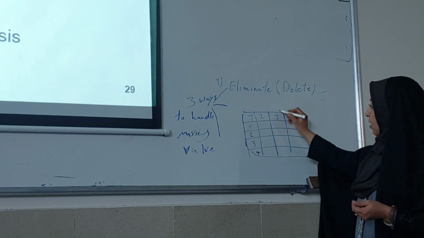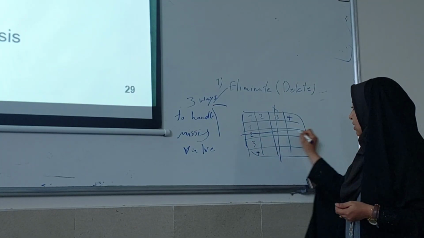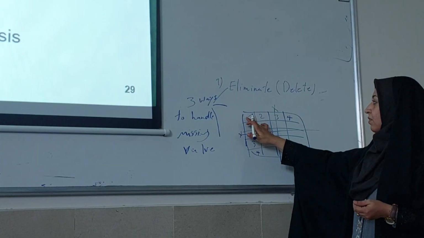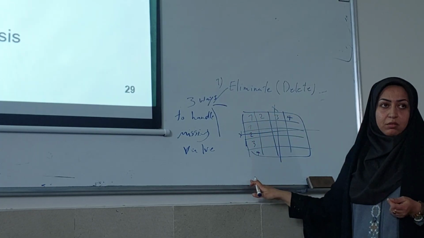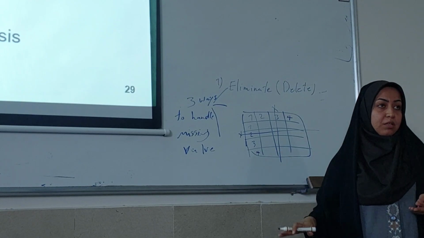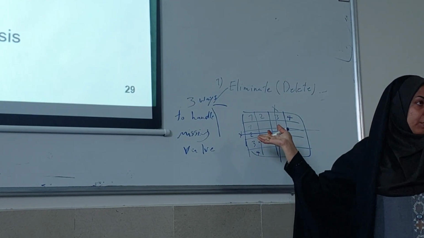If we delete attribute 3 and record 2, I have data with 3 attributes and 3 records, and I cannot process this data by mining.